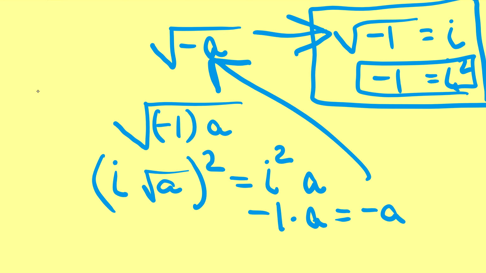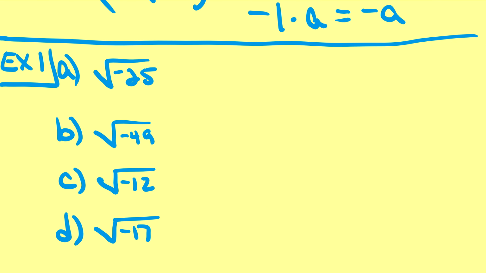Okay, now let's see what we got next. Okay, and here's what we got with example 1. All right, so no longer do we say the square root of a negative number is undefined. We say it's going to be, well, here I can see this is going to break down to be the square root of negative 1 times 25. And then I'll break it down as to what I know.